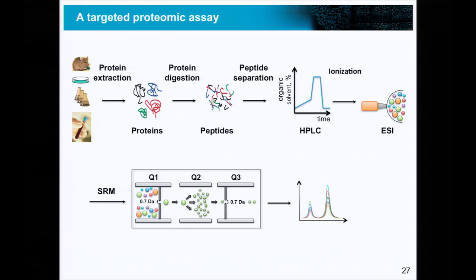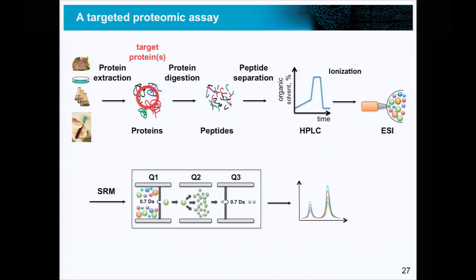Okay, so to wrap up this part, if you want to do an SRM measurement, you need for every peptide that you target what we call an SRM assay, a targeted proteomic assay. And this assay contains parameters, information from the whole workflow that you apply.